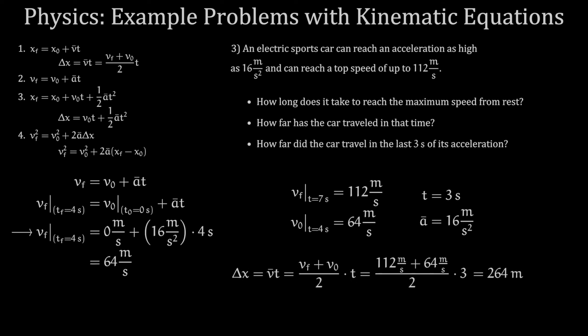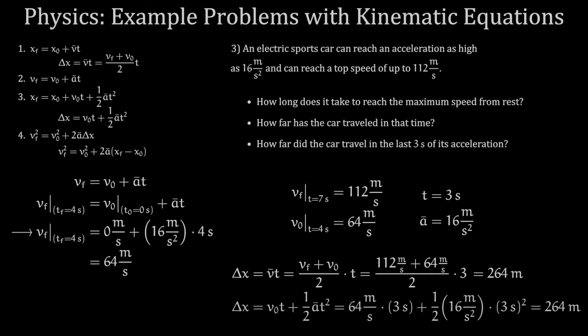Using the third equation, we of course find the same. This means the car traveled 264 meters in just the last 3 seconds of its 7-second trip. That's about 2/3 of its total displacement in less than half its travel time. Let's move on to our fourth and final example.